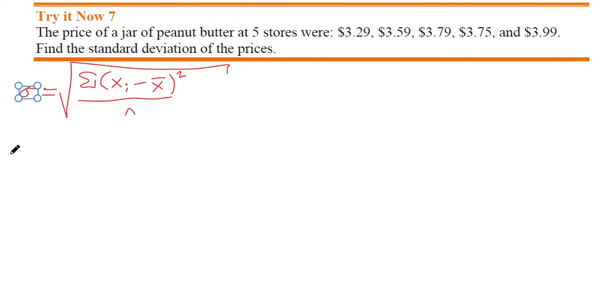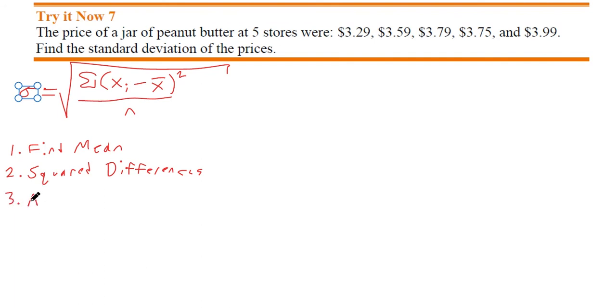Now, the first thing you're going to do is find the mean. That's the first thing we need to do here. Then, what we're going to do is find the difference of the mean squared, so the squared differences. That's the second step we do.